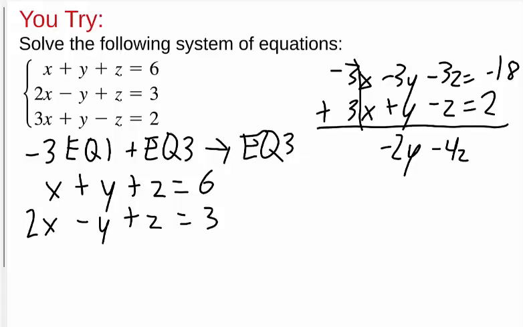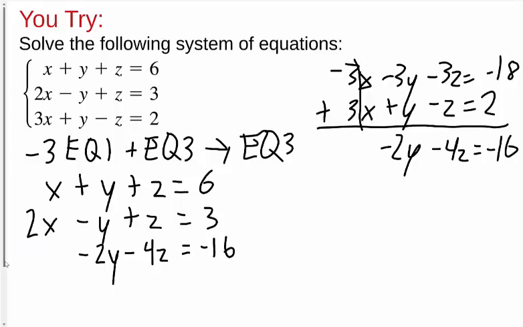Negative 18 and 2 is negative 16. So our third equation has become negative 2y minus 4z equals negative 16.